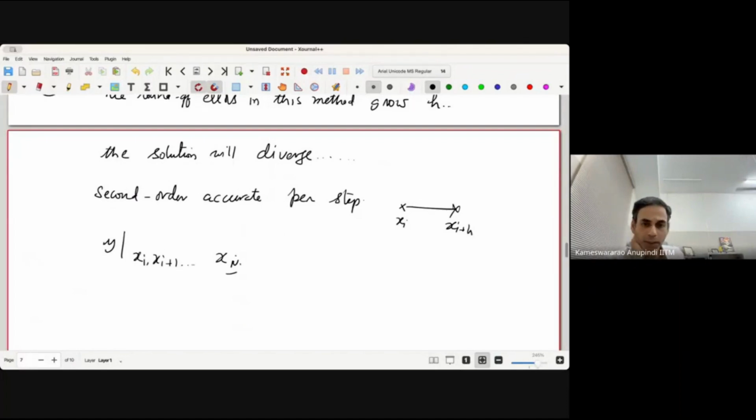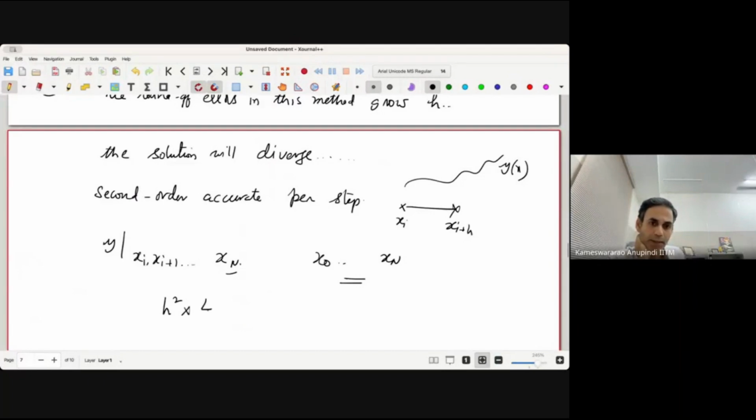So we need to integrate this from x0 to xn, okay, to calculate what is the variation of y as a function of x. So when you have integrated for so many steps, the order of accuracy per step is h square, but then you have to keep integrating this every step, and you would do how many such steps?